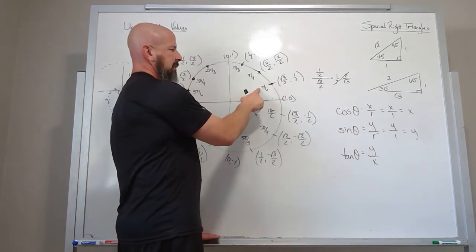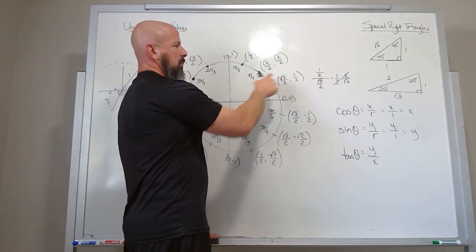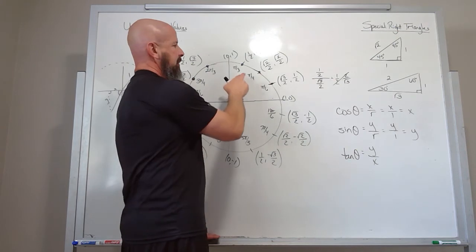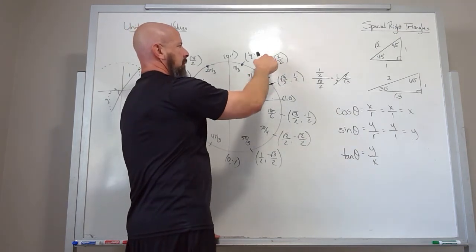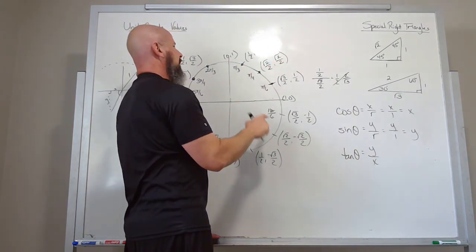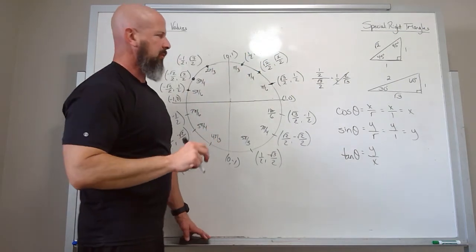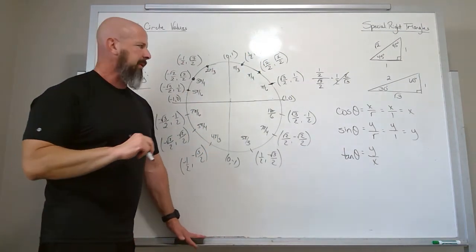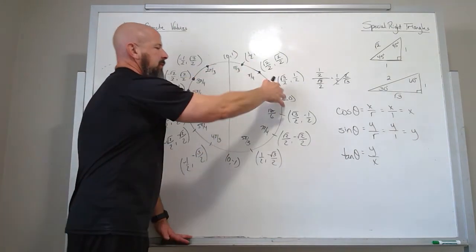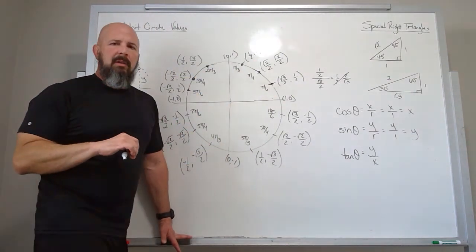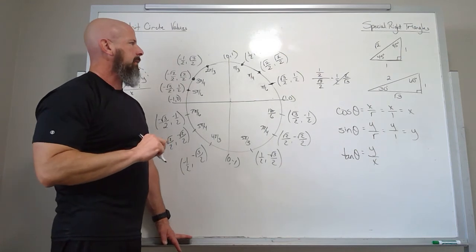So then tangent of pi 6 would be 1 over root 3. Tangent of pi fourths, root 2 over root 2, which is 1. Tangent of pi thirds, root 3 over 1 is just root 3. That piece there. So these are actually laying out all the values here for that part.